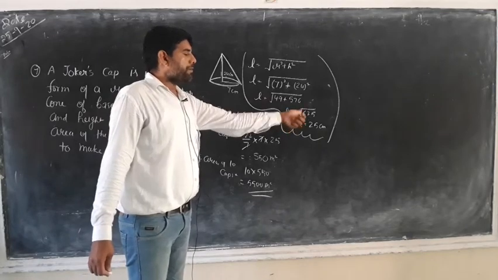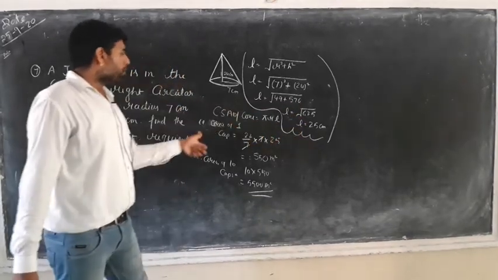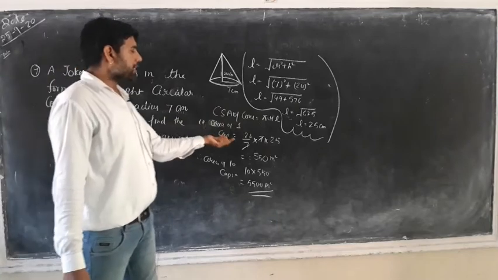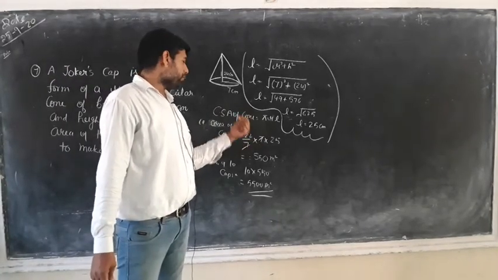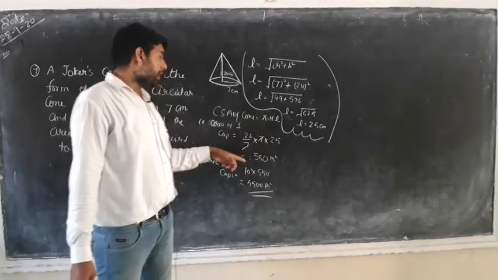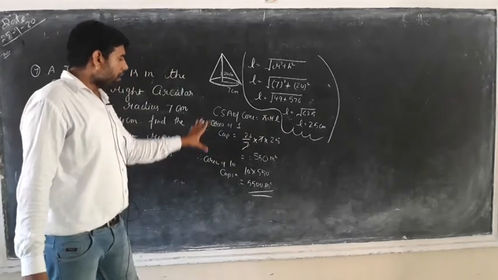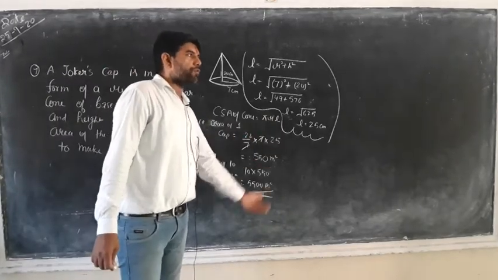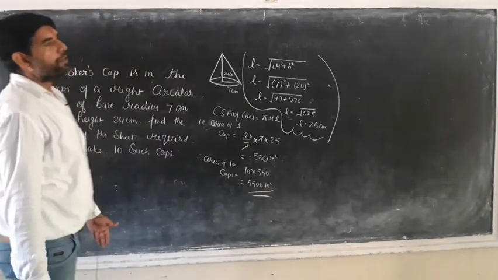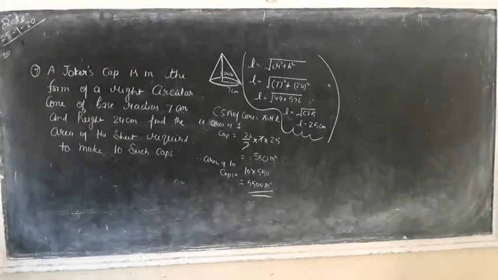Therefore, slant height is 25 cm. The area of one cap is 22 upon 7 into 7 into 25, which is 550 square. Second, the area of 10 caps is 10 into 550, which is 5500 square.